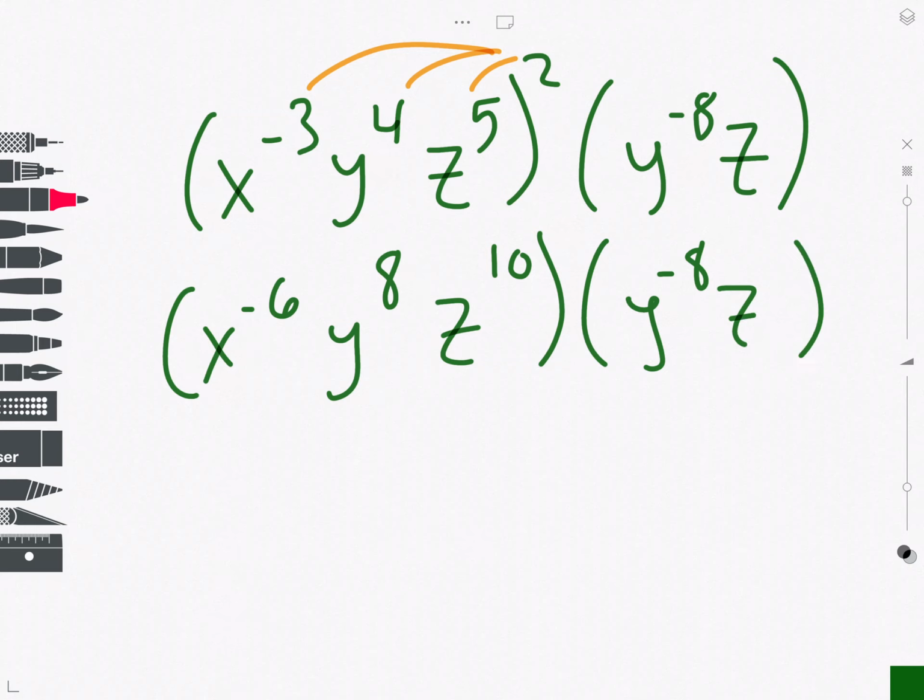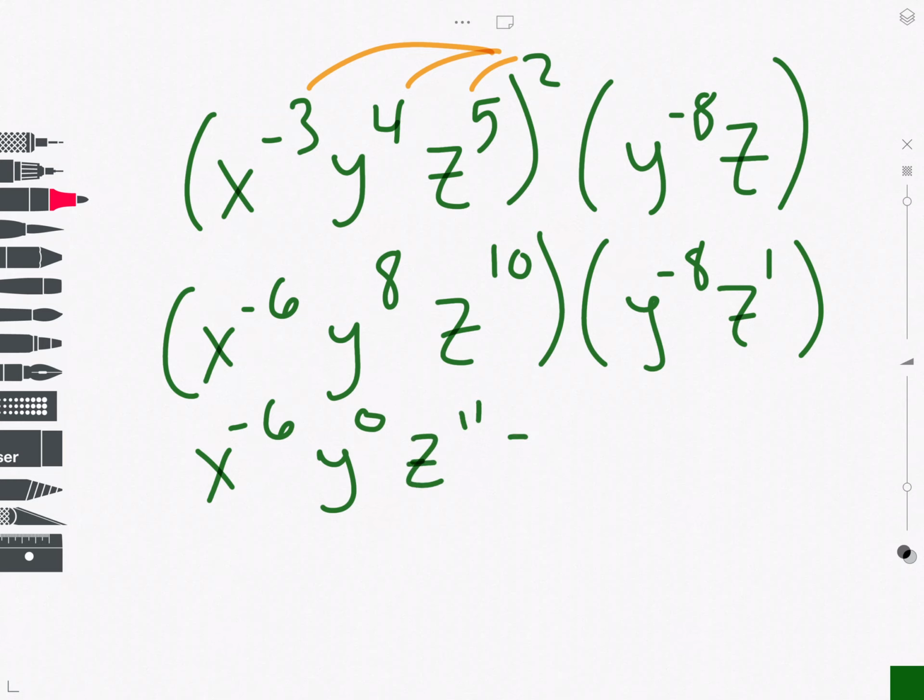Okay, can't do any more with the exponents. Multiply. You just multiply the matching parts. I have x to the -6, -8, y to the 8 times y to the -8th. You add the exponents, 8 plus -8 is 0. Same thing with the z's. 10 plus 1 is 11.